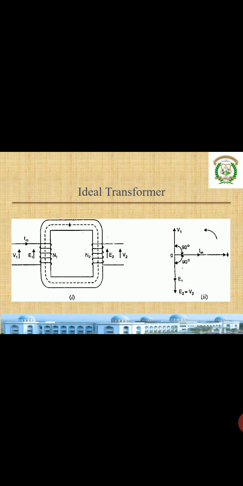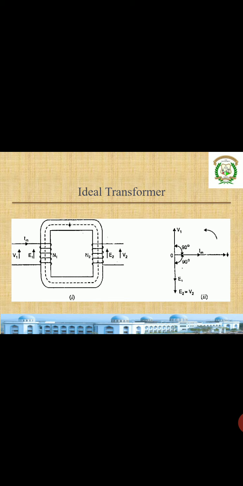See, this is the diagram of the ideal transformer. In the second figure, I have shown the phasor diagram. You can see the first figure where V1 is applied to the primary coil where N1 number of turns are present. When V1, usually a sinusoidal voltage, is applied to the primary side, current Im flows in the primary coil. Because of the current flowing in the coil, it produces the flux phi.